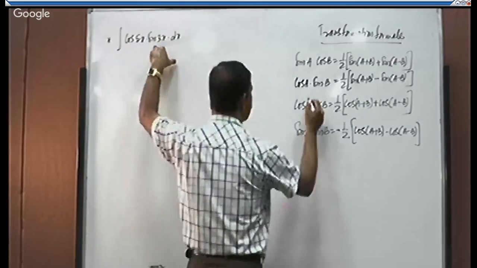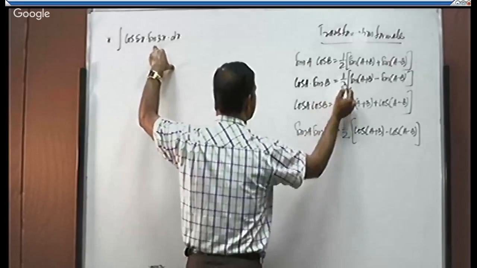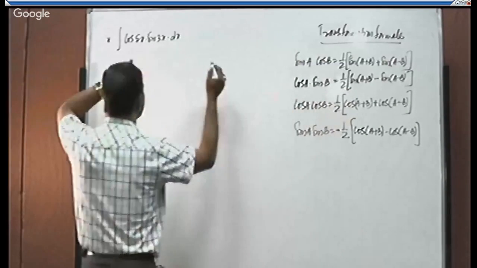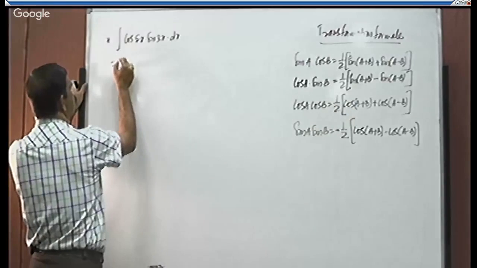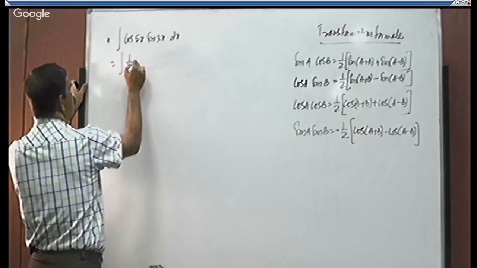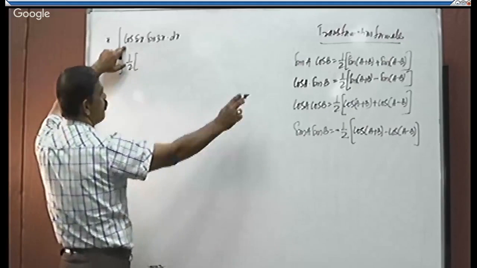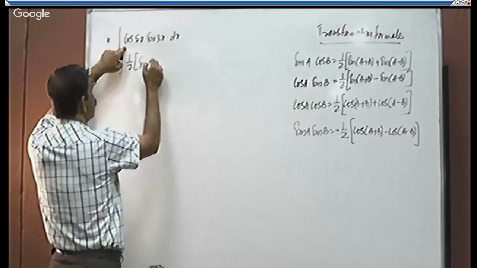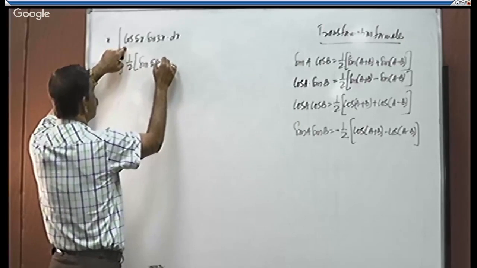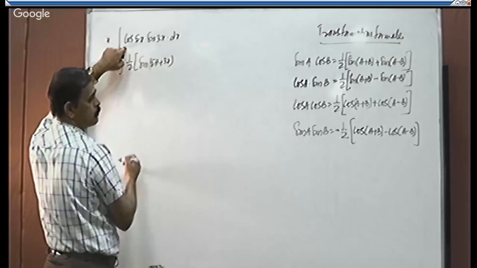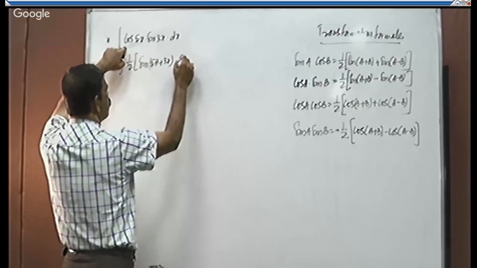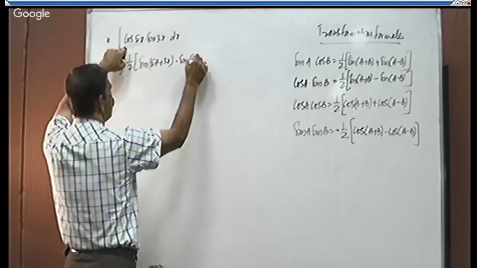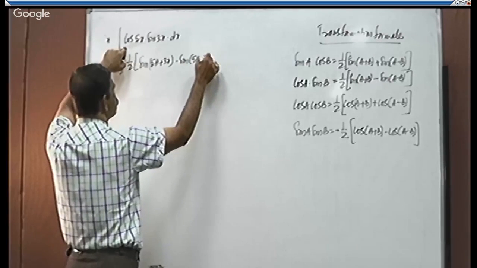Cos A sin B is equal to, we have to use the second formula, right? It is equal to 1 by 2 into sine of A plus B minus sine of A minus B.